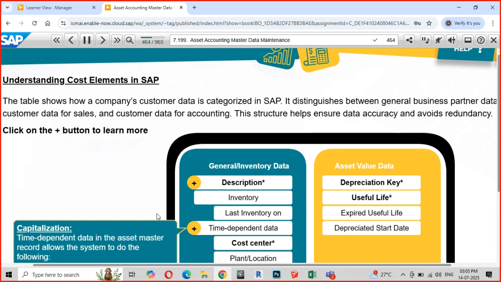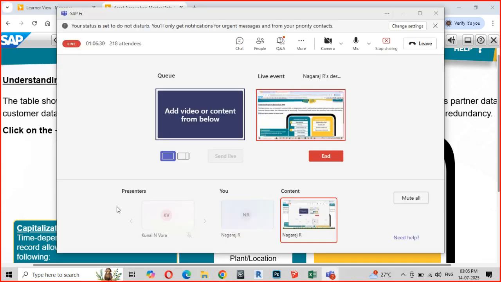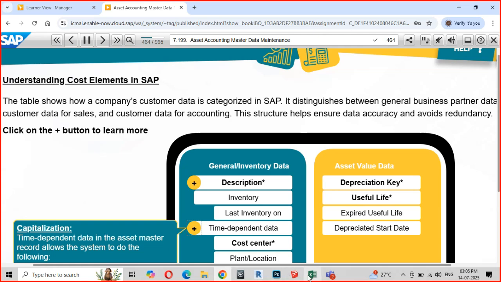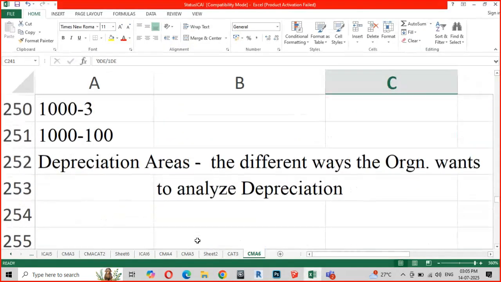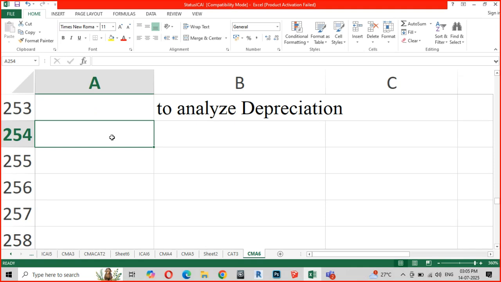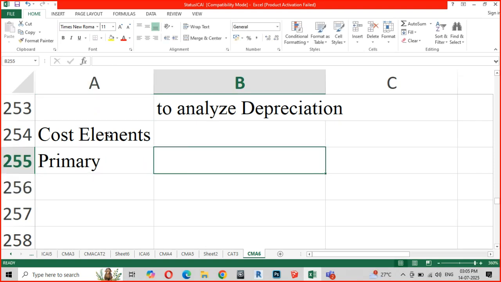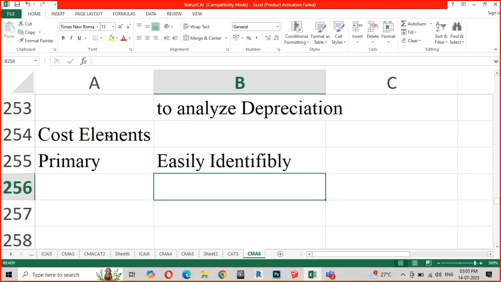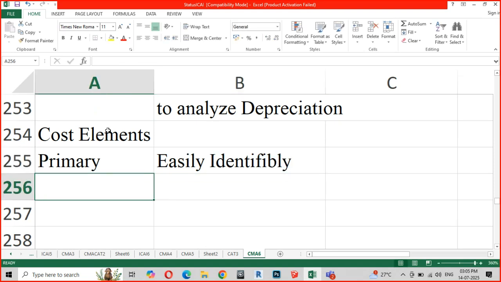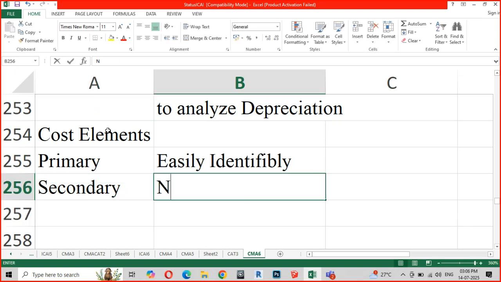Actually I wanted to take this up when we talk about the CO module, but since the concept has come up here itself, we will talk about the cost elements. Primary, easily identifiable. You have the concept of secondary cost elements, not easily identified.